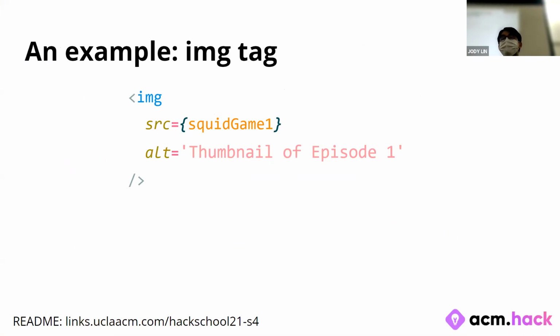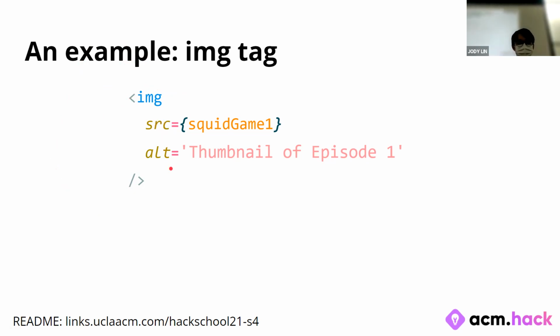And I just want to reiterate on this slide that props is something you have all already seen, used, and seen in action, okay? Let's take this image tag as an example. Remember that when we used our thumbnail, we just did image and then specified the properties source and alt.